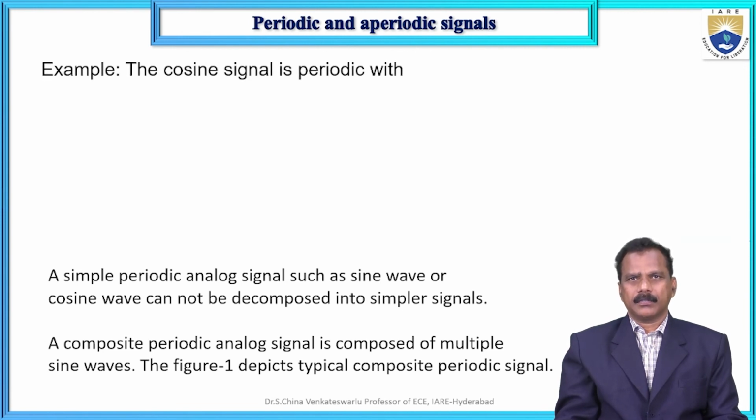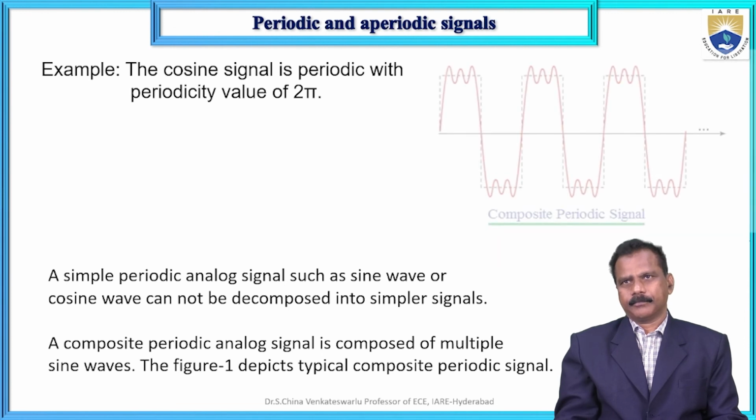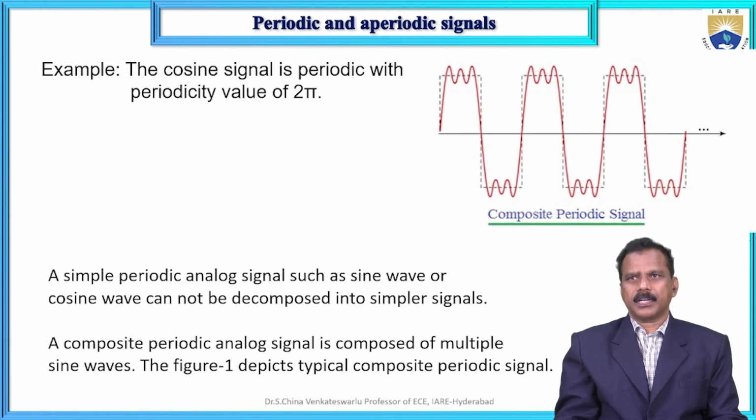Now consider one example. The cosine signal is periodic, with a periodicity value of 2 pi.